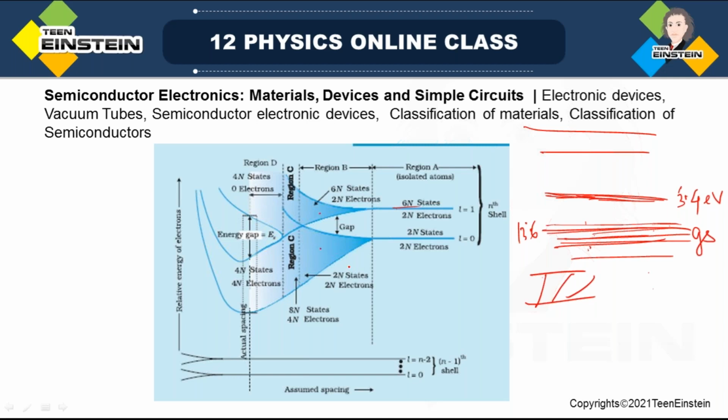So these are called energy bands, and the gap between them is called the energy band gap.